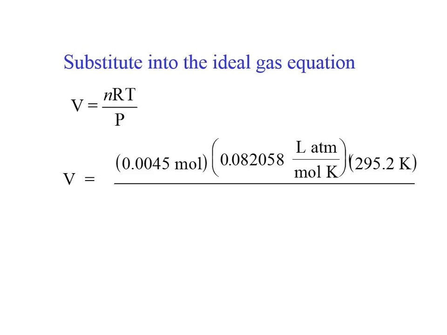And the pressure that we got is 0.963 atmospheres. Now we're all about dimensional analysis, or dimensional consistency. Do you guys buy this, that the moles cancel, Kelvins cancel, and the atmospheres in the numerator cancel with the atmospheres in the denominator? So we have units of liters. Looks like we're only allowed 2 significant figures, even though it's tempting to give us more. So the answer would be 0.11 liters.